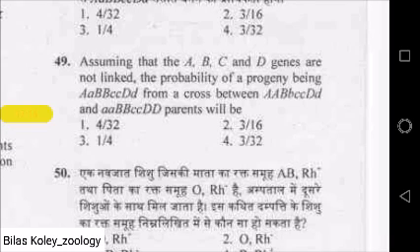Now we will discuss question number 49. Assuming that the A, B, C and D genes are not linked, the probability of a progeny being capital A, small a, capital B, small c, capital D, small d from a cross between capital A, small a, capital B, small c, capital D, small d and small a, capital B, small c, capital D pairs will be, and the options are 4 by 32, 3 by 16, 1 by 4 and 3 by 32.